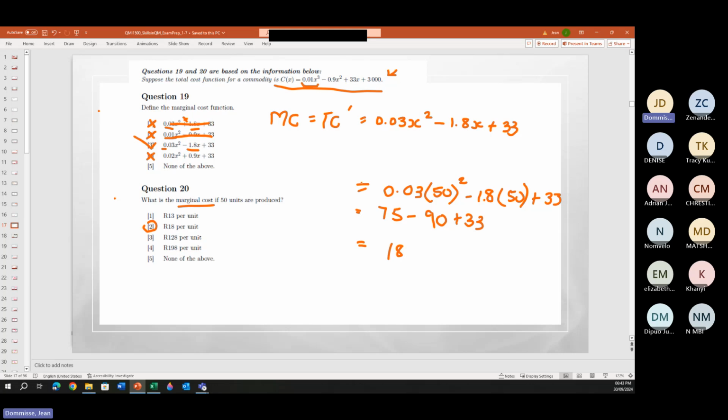If we put it in that original, that would have been 1250 minus 2250 plus 53 times 50.